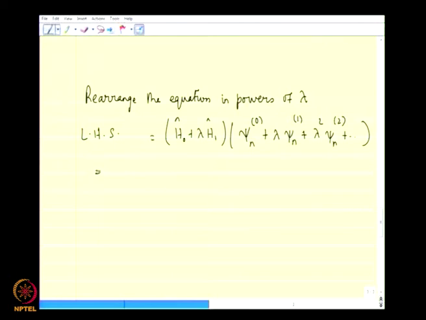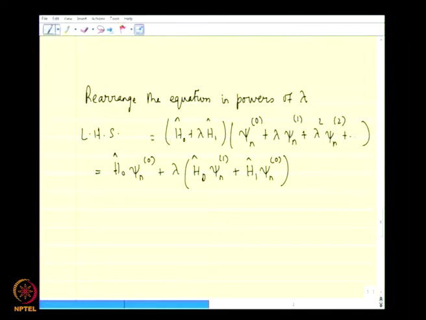So if we write this in increasing powers of lambda, the first term which does not have any lambda is H naught acting on psi n0. The next term, the coefficient of lambda, namely H naught on psi n1 plus H1 on psi n0. You have two terms, the 0 order Hamiltonian acting on the first order correction to the wave function, which we do not know, and the perturbing Hamiltonian acting on the 0 order wave function.